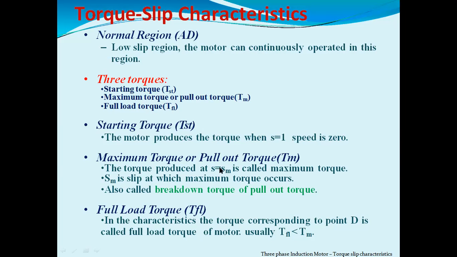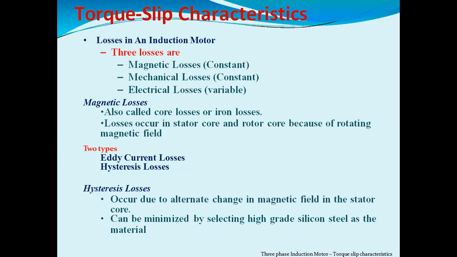When S equals maximum slip, that torque is the maximum torque. And when the load is maximum, full load, the torque corresponding to point B is called the full load torque. The full load torque is less than the maximum torque.